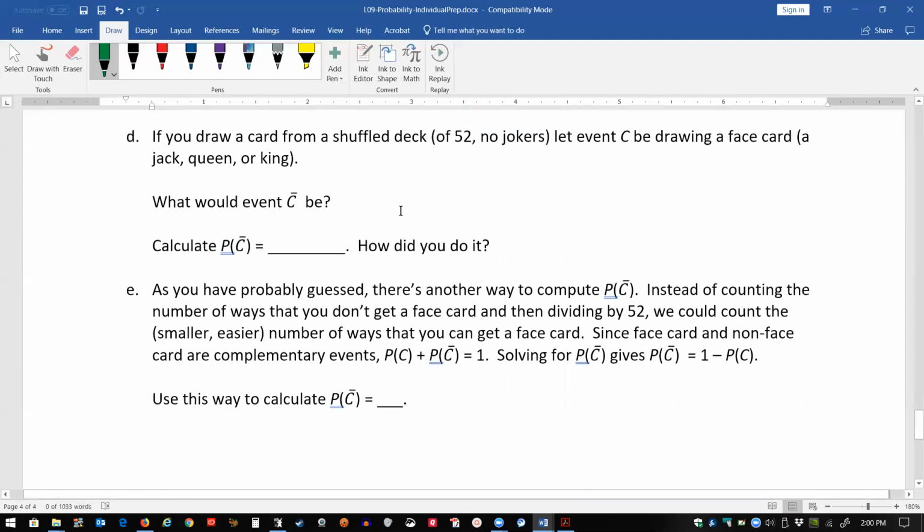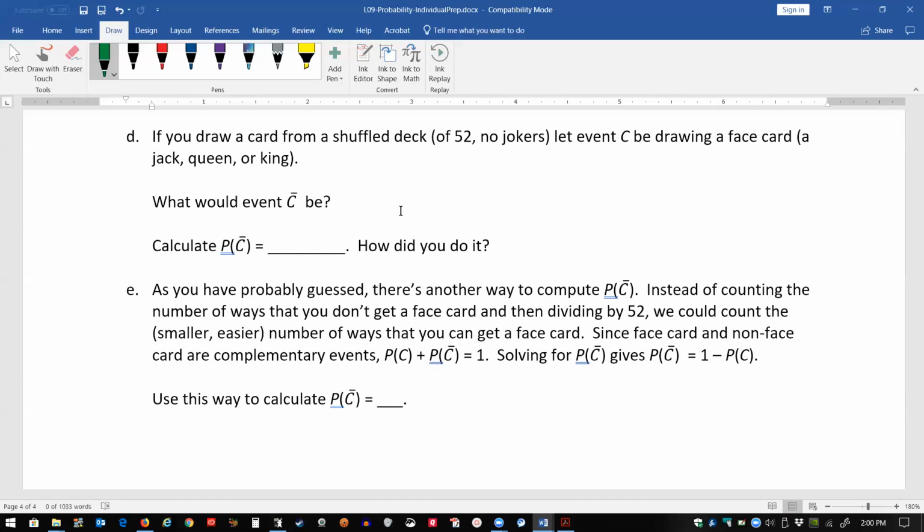So let's change our probability experiment to drawing a card from a deck. This is a standard deck of 52 cards. Remember, our deck has the numbers 2 through 10. Then it has a jack, queen, king, and an ace in every suit. There are 4 suits.